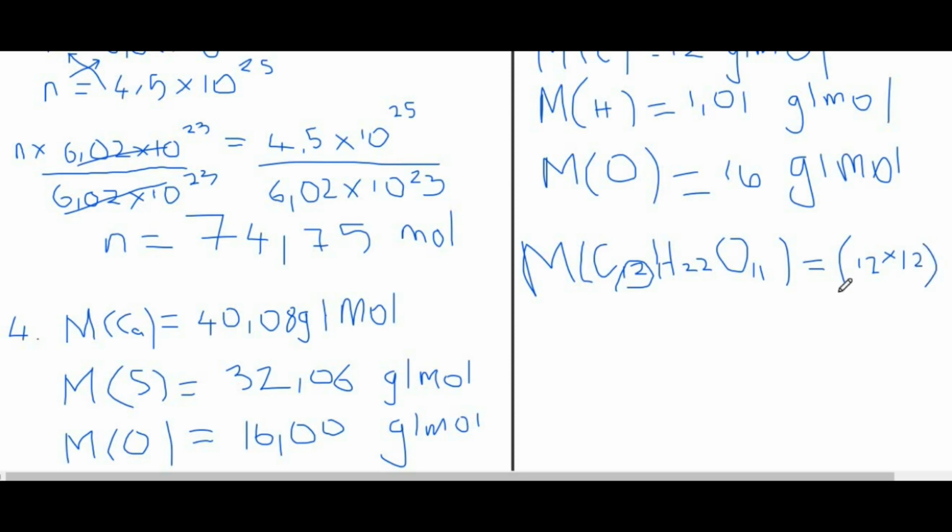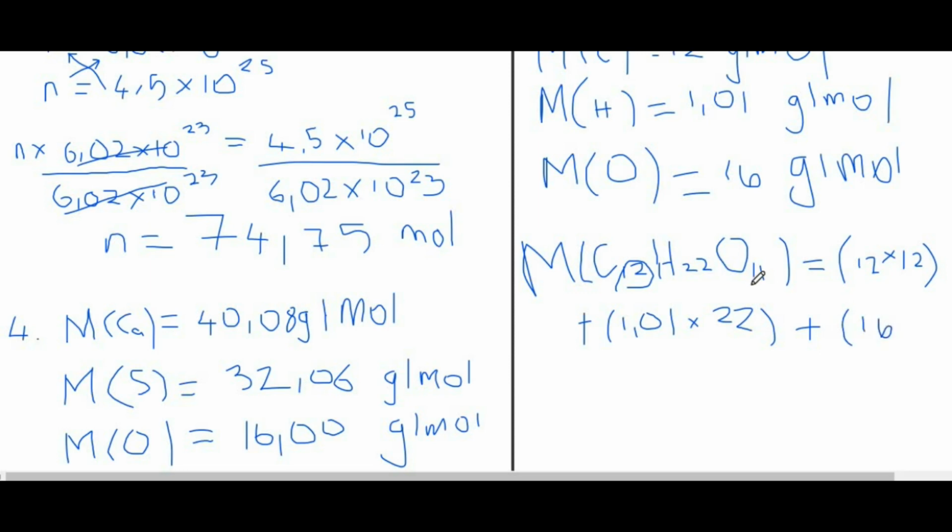Then you're going to say plus the molar mass of hydrogen is 1.01. And how many hydrogens? It's 22, so you multiply by 22. And then you open another bracket, then you say plus, the molar mass of oxygen is 16.